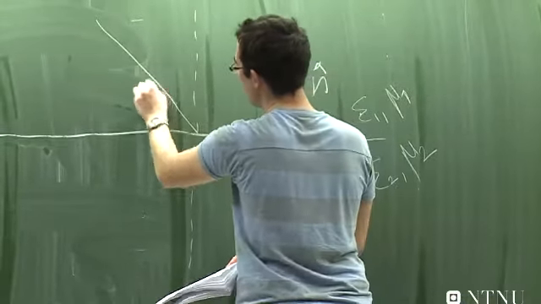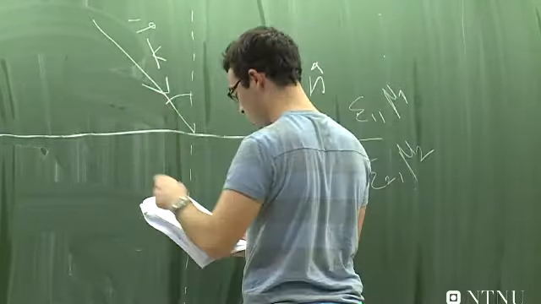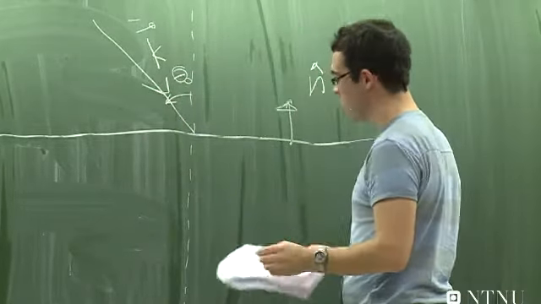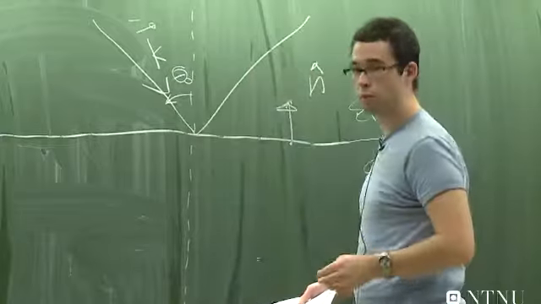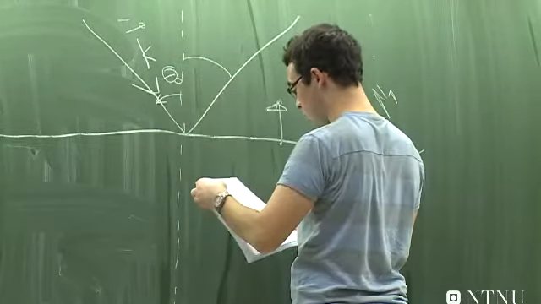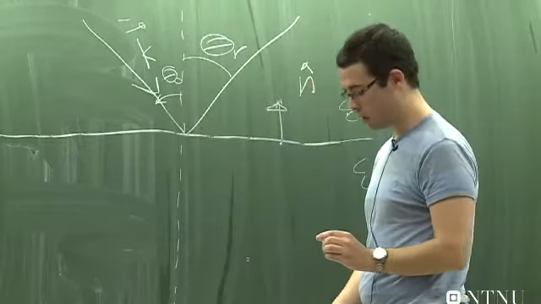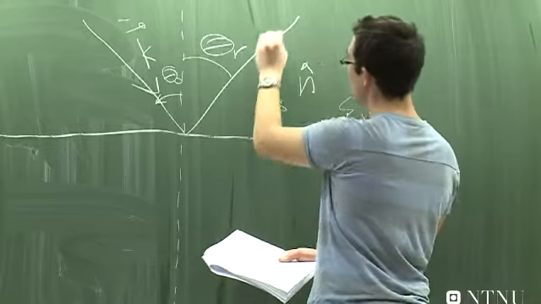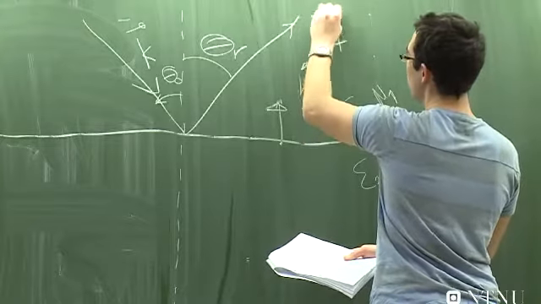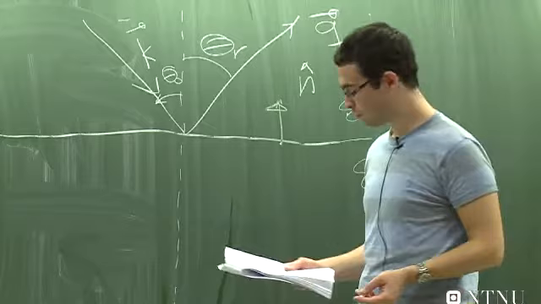We have light coming in here at an angle theta 0, and there's also light going out, and you all know from before, of course, that the angle is the same, but I'm going to call it theta r, the reflection angle, and the wave vector going out I'm going to call q, because before we investigate, it could conceivably be something other than k.